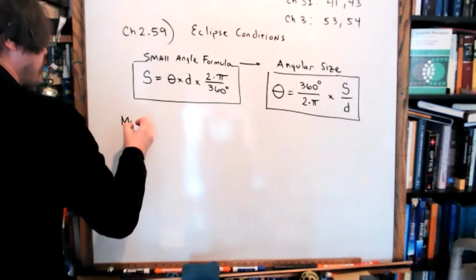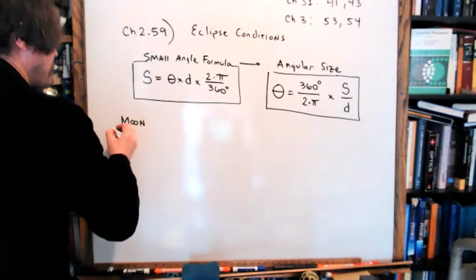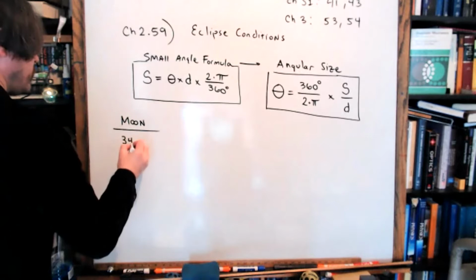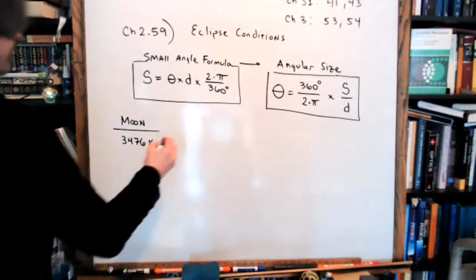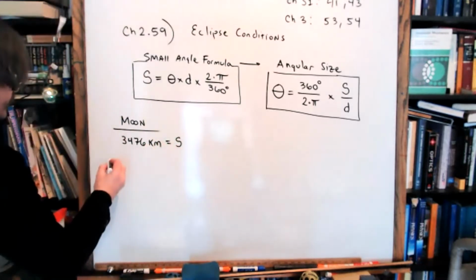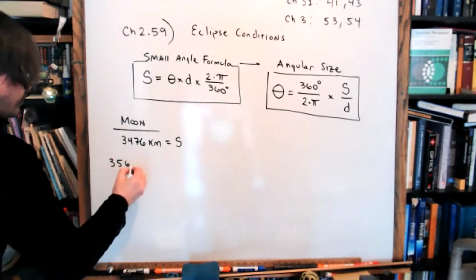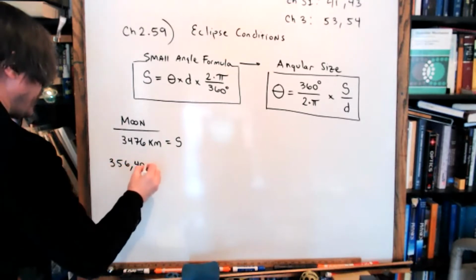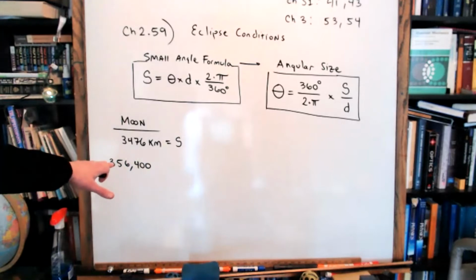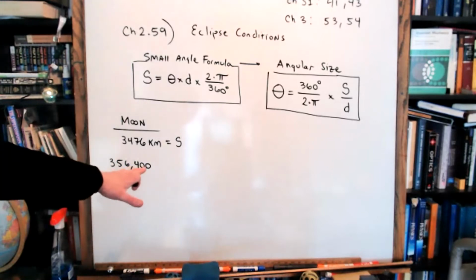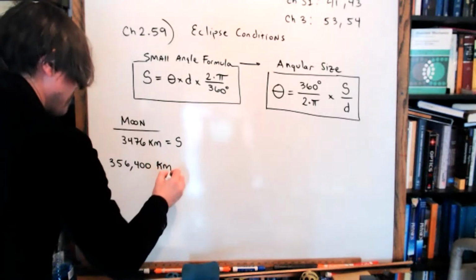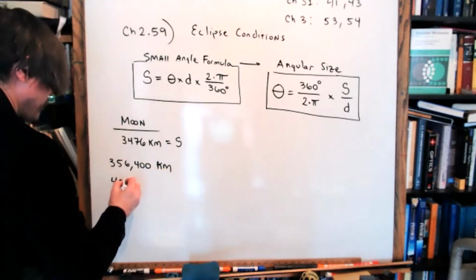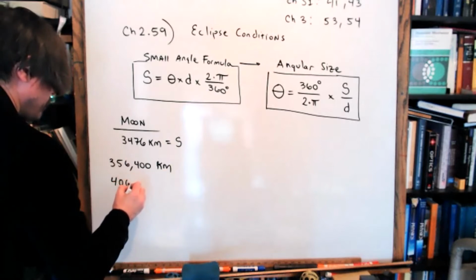The moon's precise equatorial diameter is 3,476 kilometers, and its orbital distance from Earth varies between 356,400 kilometers and 406,700 kilometers.